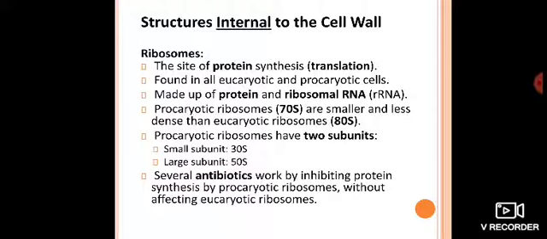Second, if we inhibit the plasma membrane or cytoplasmic components, it can inhibit bacterial growth. Third, if any antibiotic or drug inhibits the prokaryotic ribosome synthesis, we again inhibit the prokaryotic cell.